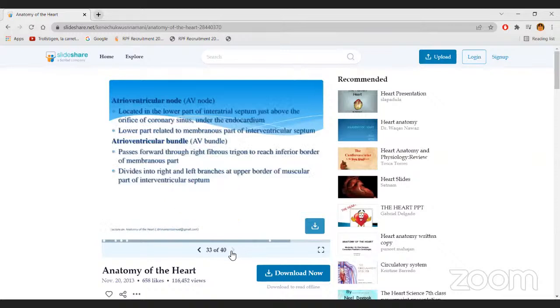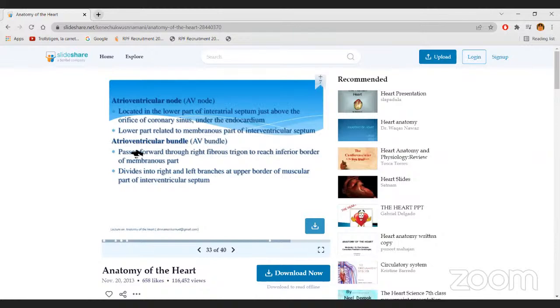Then next one, the atrioventricular node, AV node, is located in the lower part of the interatrial septum just above the orifice of the coronary sinus under the endocardium. Its lower part is related to the membranous part of the interventricular septum.